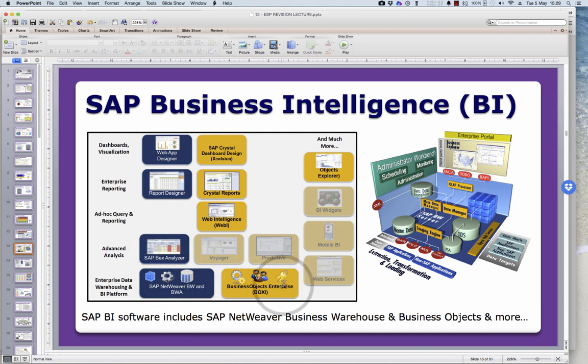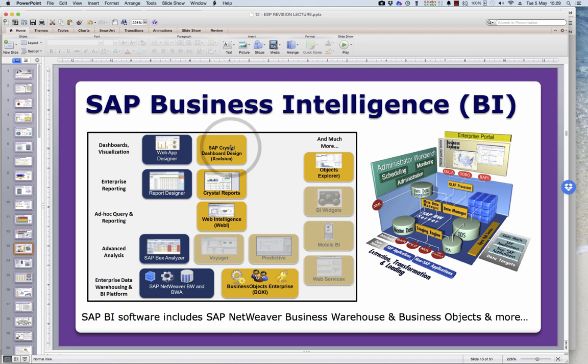You've got Business Objects Enterprise, which allows you to use the Business Objects Server. You've got Web Intelligence for querying the web or using the web. You've got Crystal Reports. SAP bought Crystal Reports, and it's now the main way to extract reports from a business intelligence system.